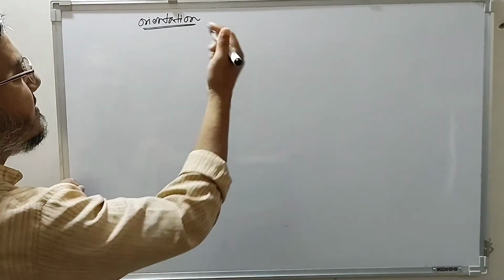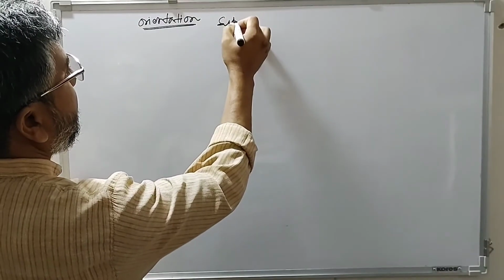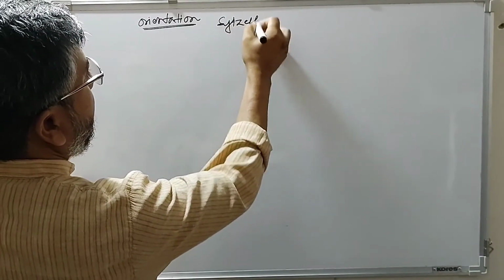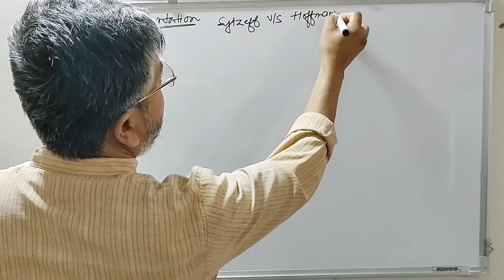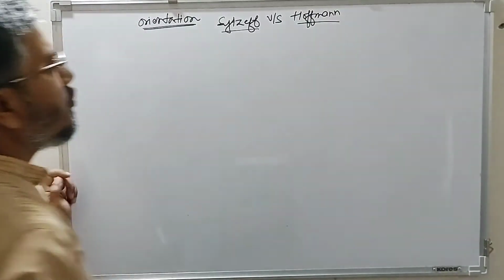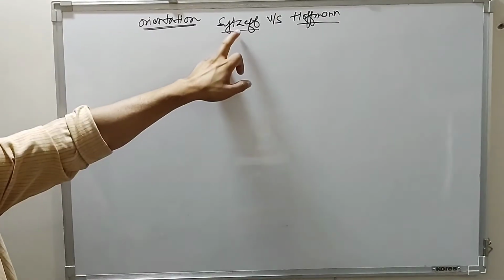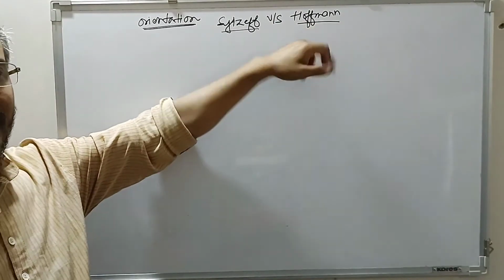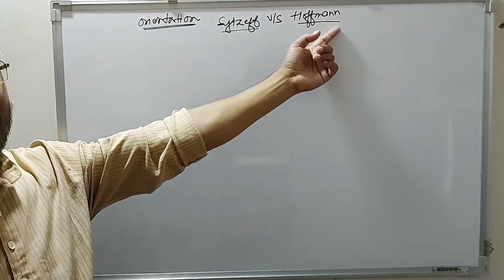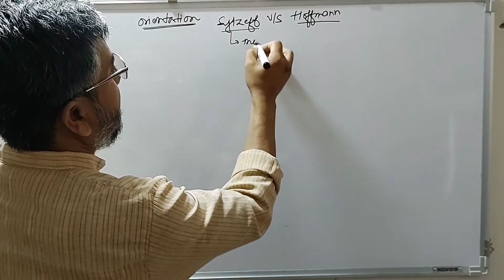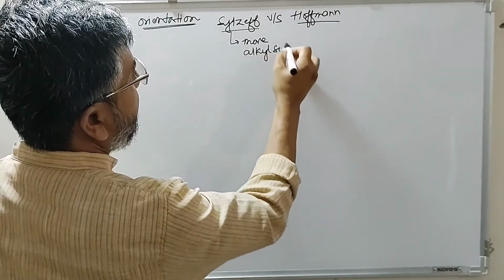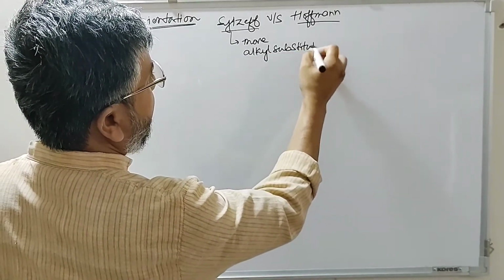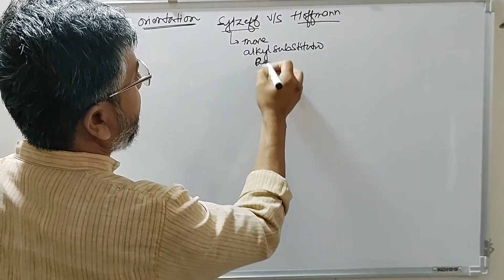So orientation is Saytzeff versus Hofmann. Formation of the more alkyl substituted product is known as Saytzeff. Formation of the less alkyl substituted product is known as Hofmann. Saytzeff: more alkyl substituted alkene.